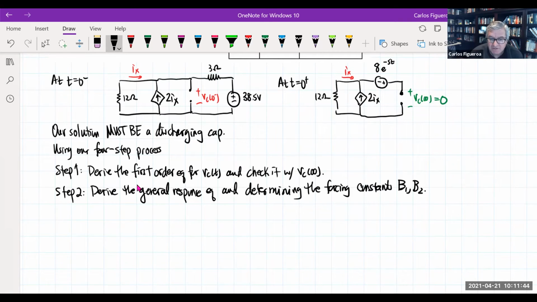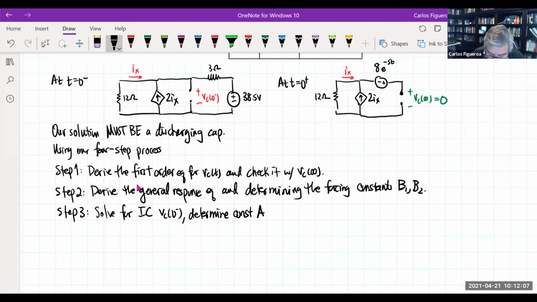I just typically write B1, B2. Now I'm going to go to my next step. My next step is that I want to solve for the IC, which in this case has to be VC of 0 minus. I need to determine the constant and write out the complete response.